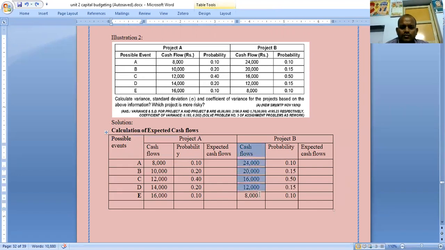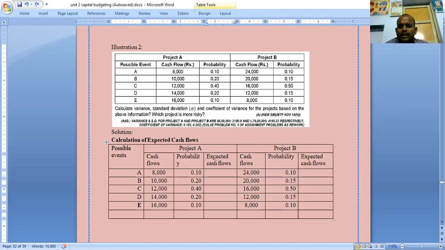So the cash flows of project B and their respective probabilities. So expected cash flows, how to calculate? We have to multiply the cash flows with the probability. So 8000 into 0.10, that is 800.